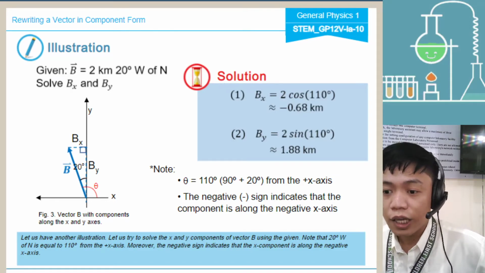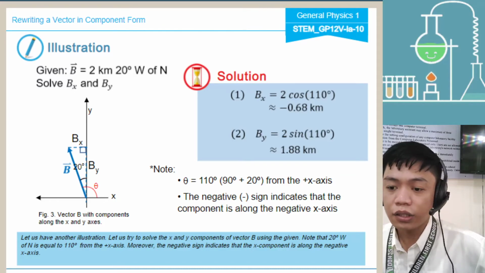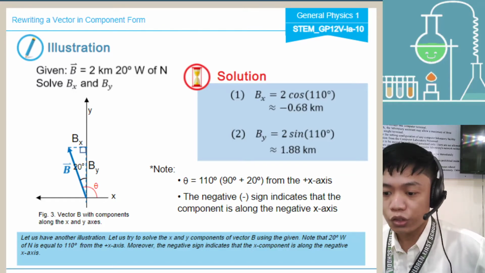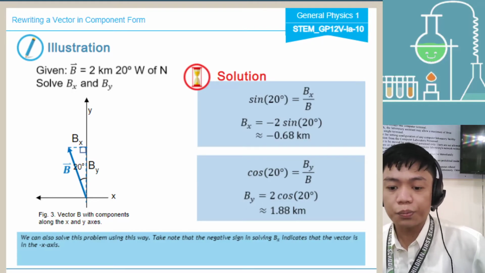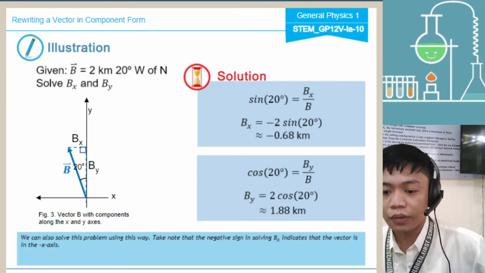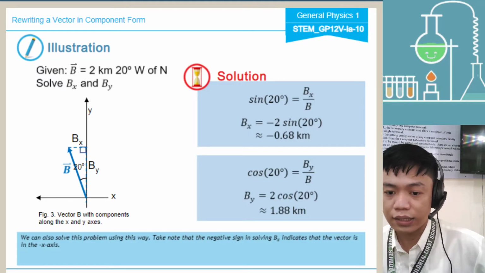You just have to substitute the values in the given formula. Then, you can get your answer. We can also solve this problem this way. Take note that the negative sign in solving B sub x indicates that the vector is along the negative axis.